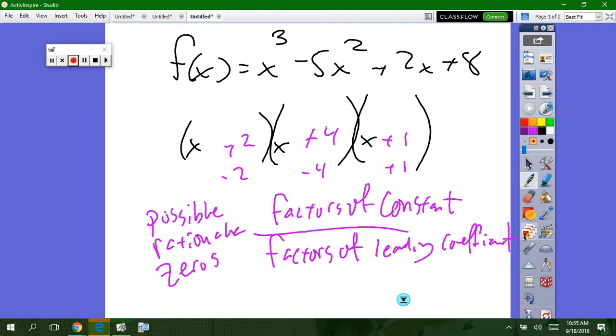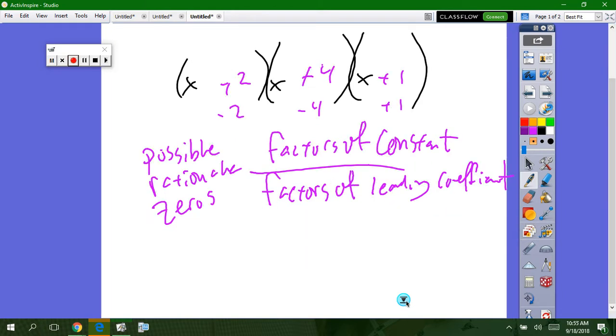So in our case, what are our possible rational zeros? What are some choices for us? Well, let's do the factors of our constant. Who was our constant? 8. Who was our factors of 8? Plus or minus, because as I just showed Daniel, I could do plus or minus, right? 1, 2, 4, 8.